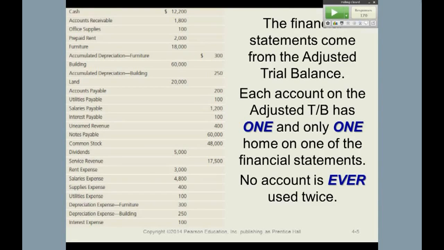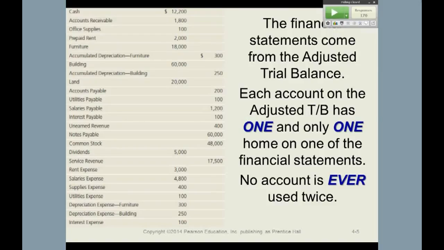I'm just going to review this with you, and that's what this book does. It tends to review a lot. We're going to review taking the accounts from the adjusted trial balance, making sure they go into the correct financial statements, and also try to understand the fact that the statements articulate.